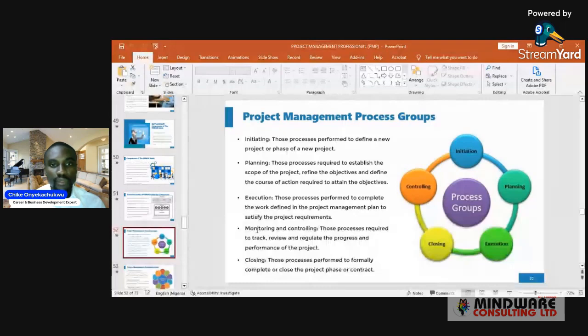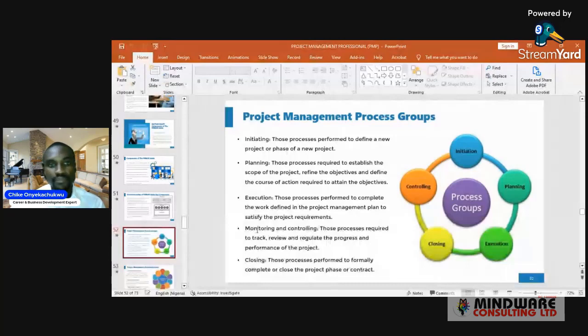Today we're going to be going into the project management knowledge areas, and there are actually 10 knowledge areas. One is project integration management.